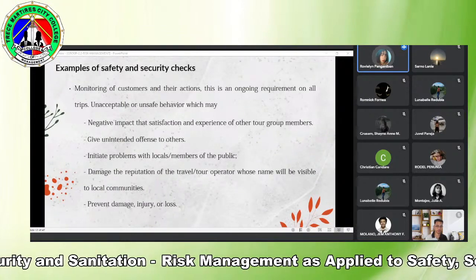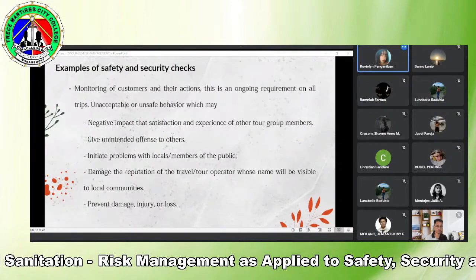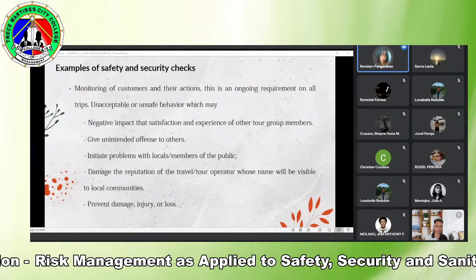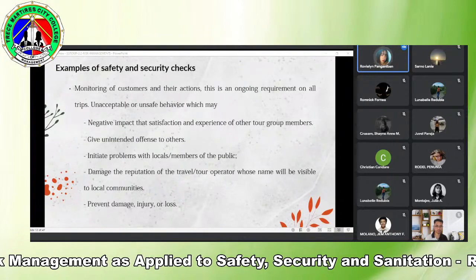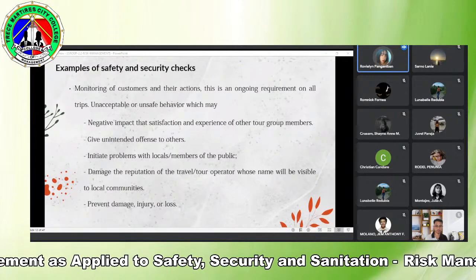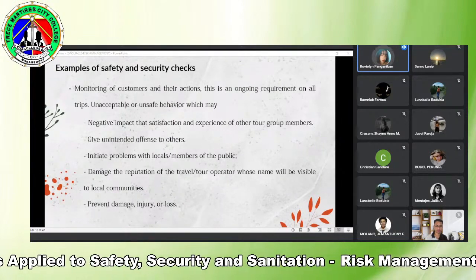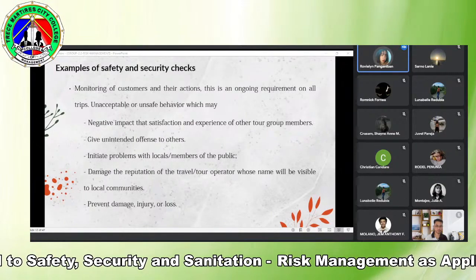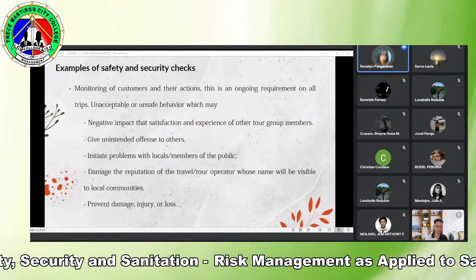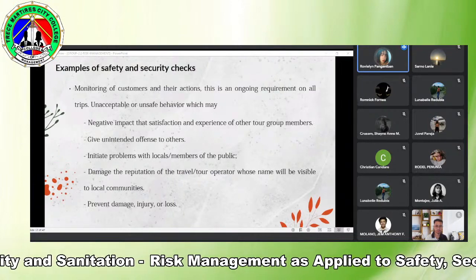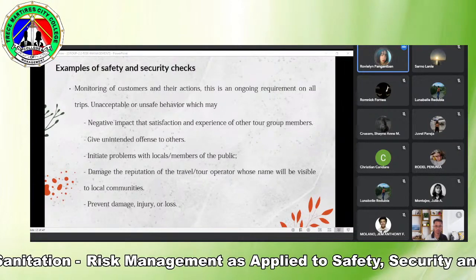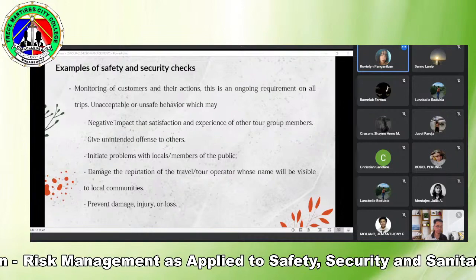So dito naman po, kunyari po meron tayong isang resort, for example, dapat po kasundo po natin yung mga locals doon. Parang walang kaaway para po maging safe din po yung surroundings natin.